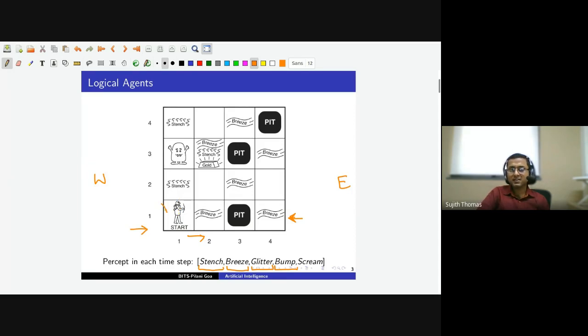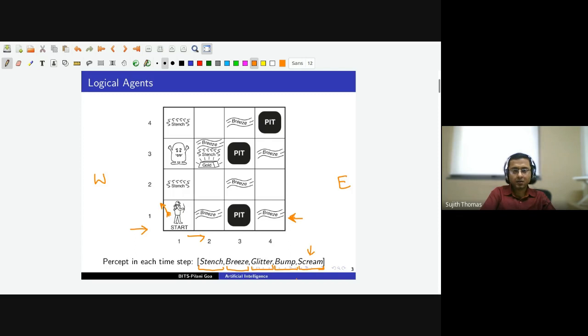The agent has 1 arrow, and if it is not able to make any progress, because every cell has either a breeze or a stench, then it might shoot an arrow so as to kill the Wumpus. It will make a guess where the Wumpus might be, and based on that guess it will shoot an arrow, and if the Wumpus gets killed, then the agent will be able to hear a scream. So scream is another thing that the agent can perceive.